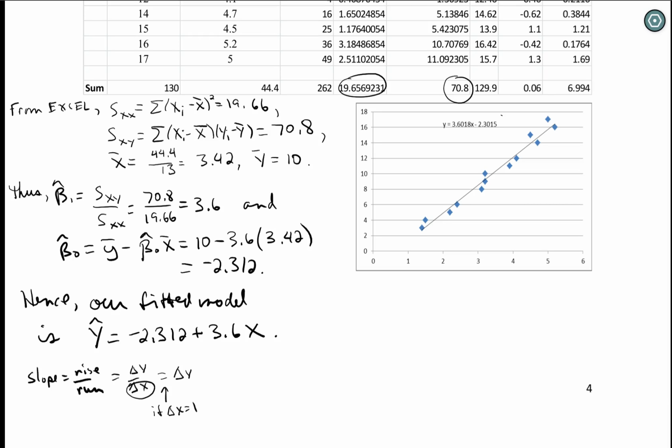Okay, so what do I have here? I have an estimate for the slope. So this tells me that 3.6 is related to a unit change in x for an overall change in y, or the response. And so if we want to give this some interpretation, let me do that, because that is important here. It would be as follows.